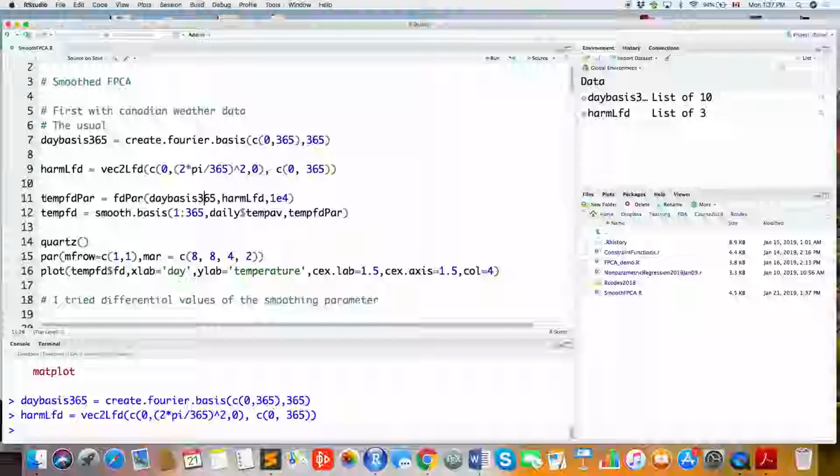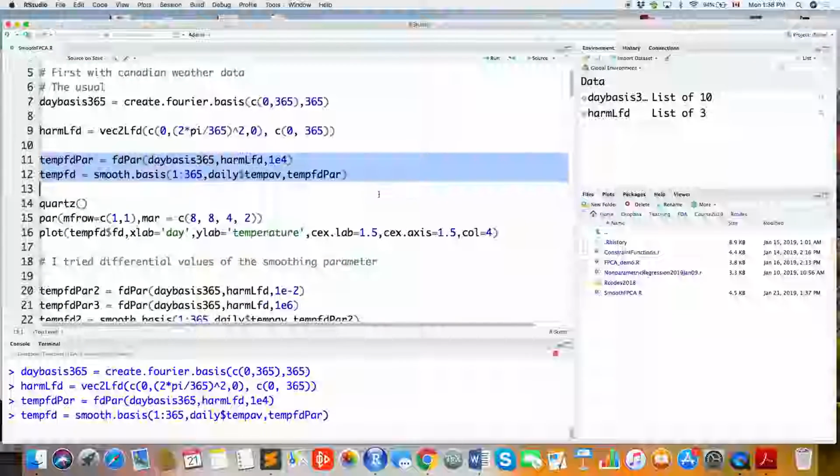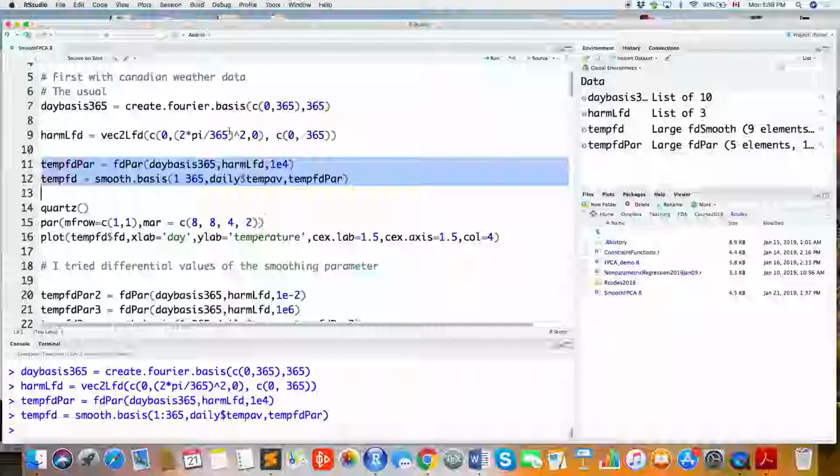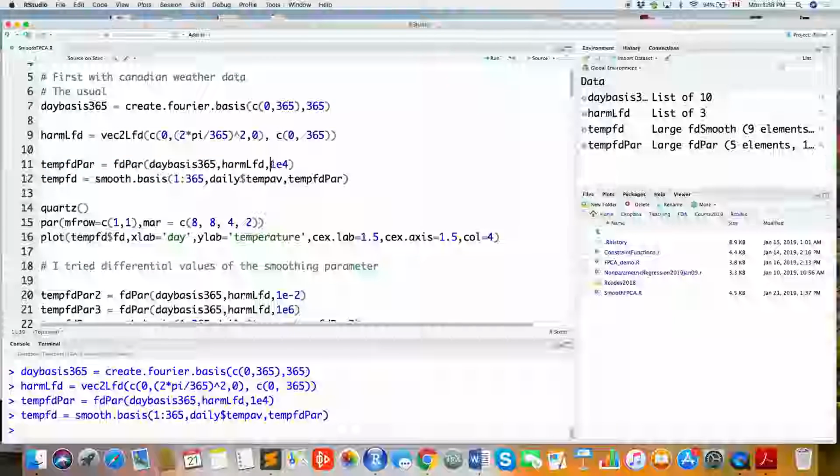Then we smooth the temperature data using these basis functions and the harmonic acceleration differential operator as the roughness penalty, with the smoothing parameter equal to 10 to 4.